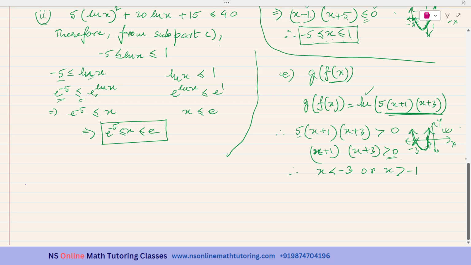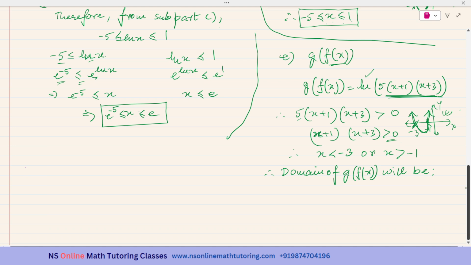This is the domain. Okay. Therefore, the domain of g of f of x will be x is less than negative 3 or x is greater than negative 1. Okay.